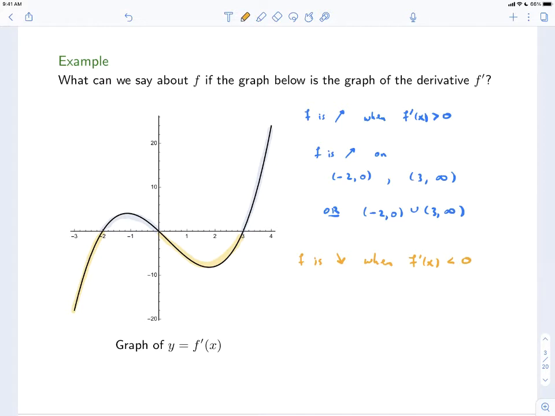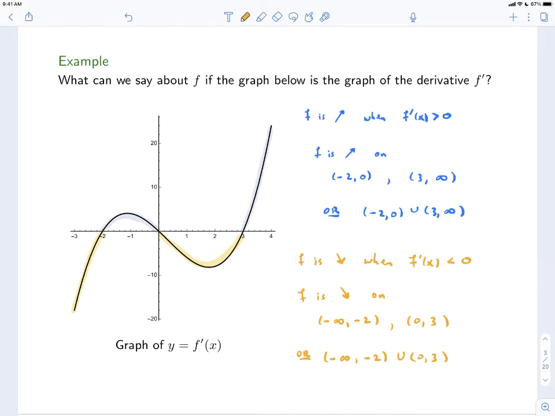So f is decreasing on the intervals -infinity to -2 and 0 to 3. Or if we want to use interval notation, -infinity to -2 union 0 to 3, like so.